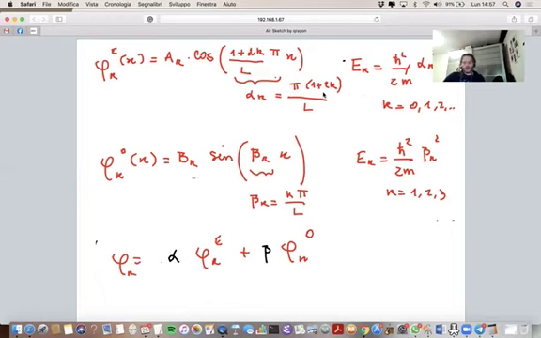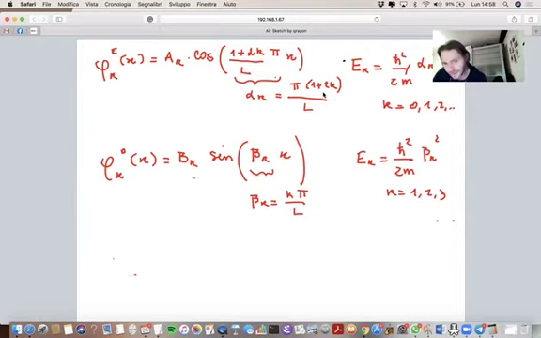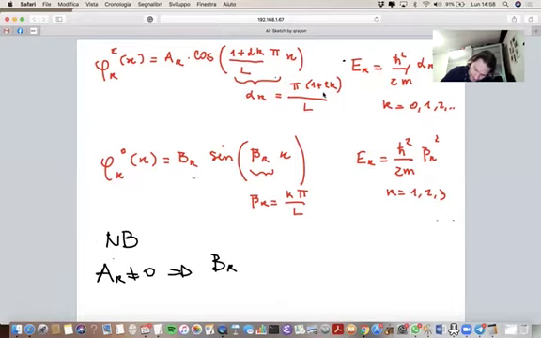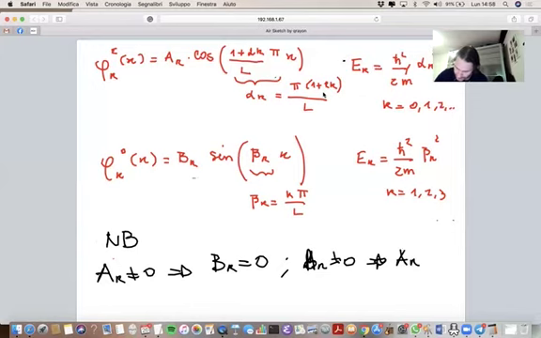In other words, anytime alpha k is non-zero, then beta k must be 0. And conversely, if beta k is non-zero, then alpha k must be 0.